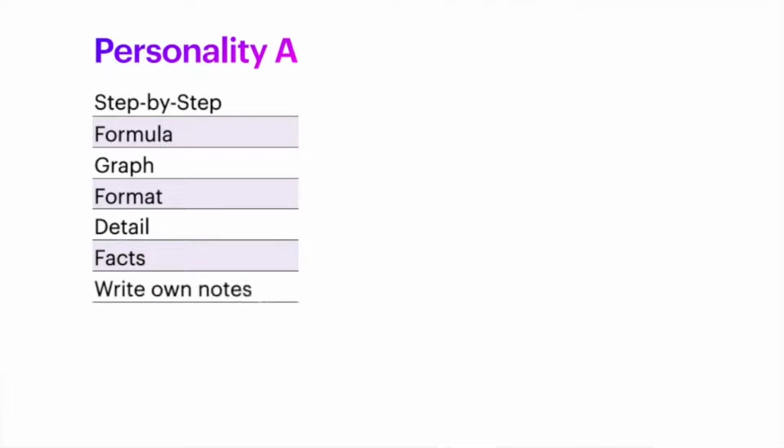You don't like using other people's notes because you are scared that they're going to leave out detail that is important. Also, as you are writing, you are following the reasoning of the work. You like bullets when you are writing. When something is very important, you give it a little star, right?